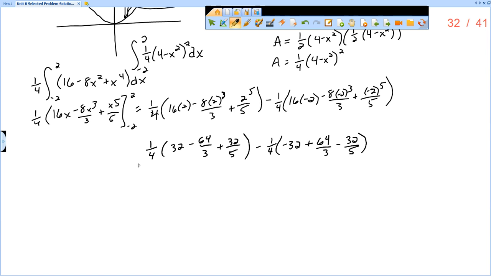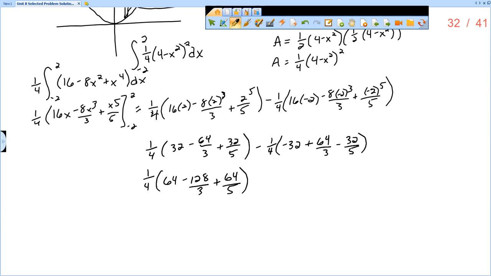Keeping the 1/4 on the outside for now, 32 minus negative 32 is 64. Then negative 64 thirds minus 64 thirds is minus 128 thirds. And 32 fifths minus negative 32 fifths becomes 64 fifths.